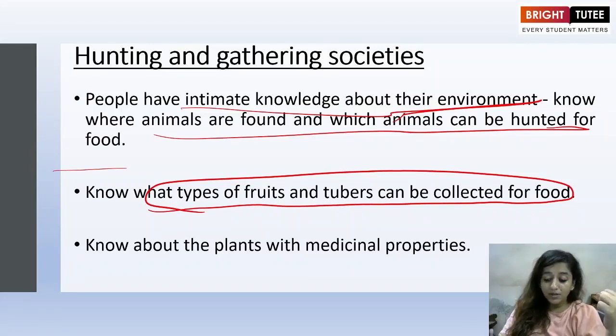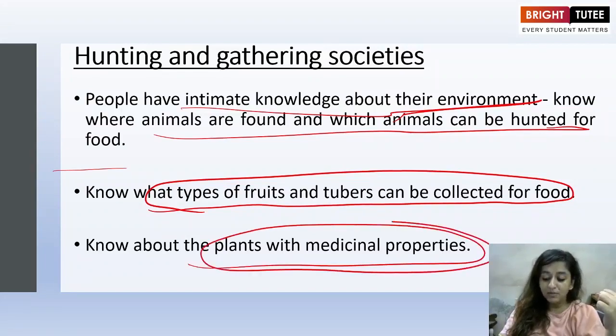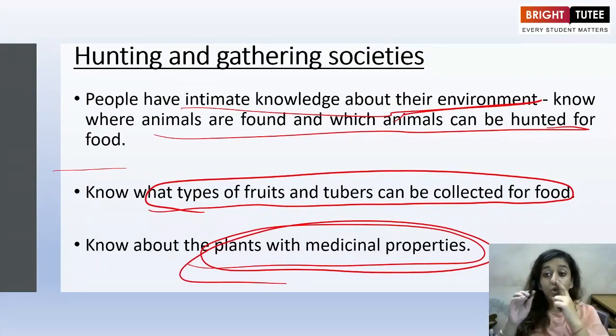You know about the plants with medicinal values. You understand the availability of the medicinal properties in the plants, and that is because you are able to relate to the environment at a first hand level.